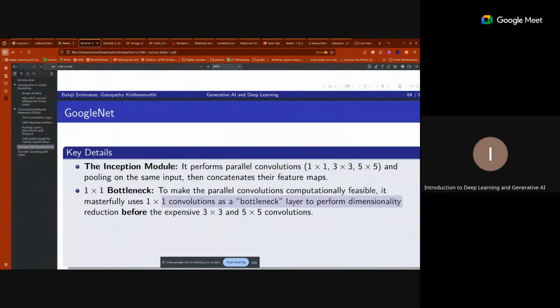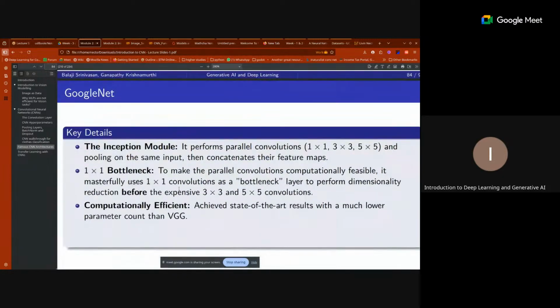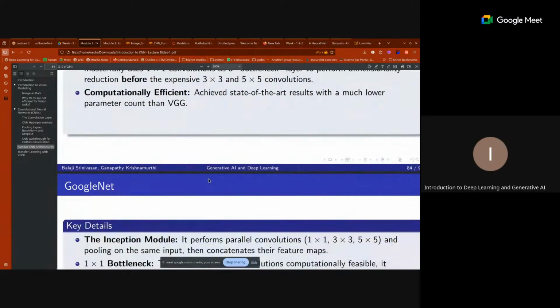So things like the bottleneck. To make the parallel computation feasibly faster, use 1x1 as a bottleneck layer to perform dimensionality reduction, right? Dimensionality reduction means reducing the depth so that you can do parallel computation. That is one idea about this.